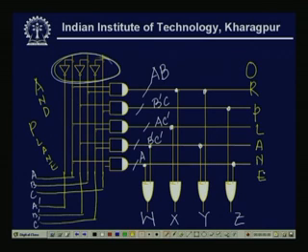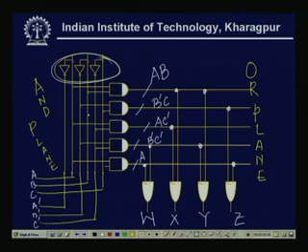So, if I want to represent this as a matrix, then if one particular variable is the input of one AND gate, I will put a 1 or say a cross in that position, otherwise I will give a 0.